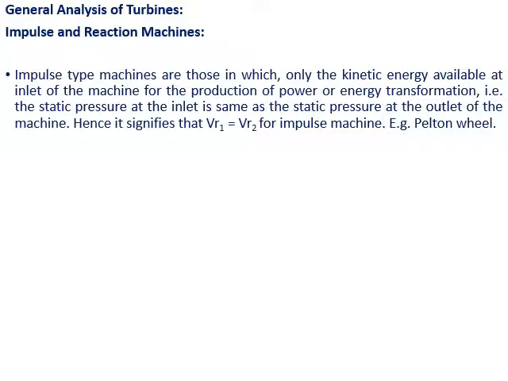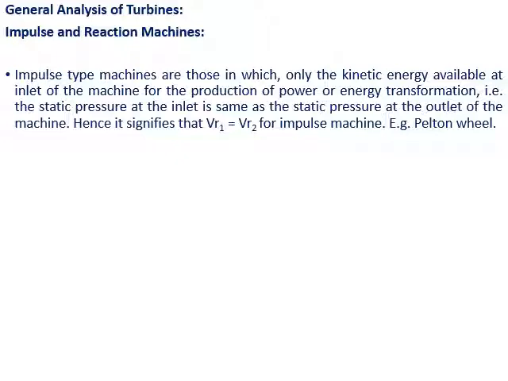Next, general analysis of turbo machines. There are two types of turbo machines, that is impulse turbines as well as reaction turbines or reaction machines. Impulse machines are those in which only the kinetic energy available at the inlet of the machine is used for the production of power or energy transformation.